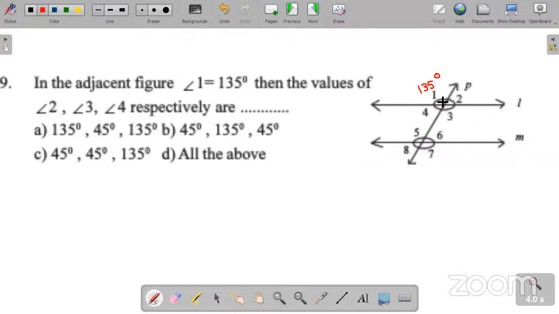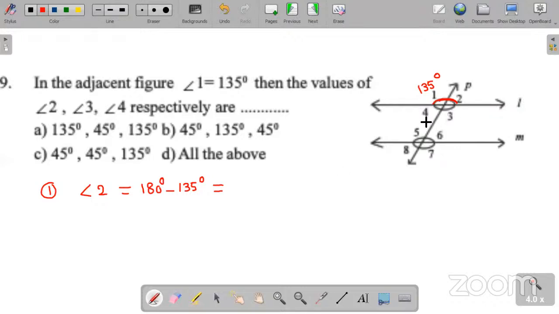It's a linear pair, so these two angles are supplementary. Angle 2 is equal to 180 degrees minus 135. This is the first step. Calculate how much you get.